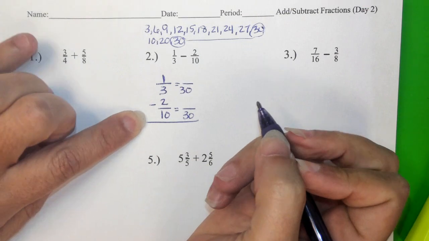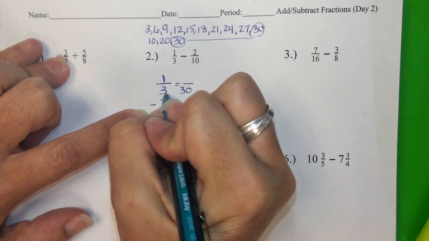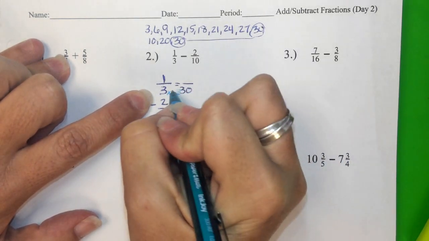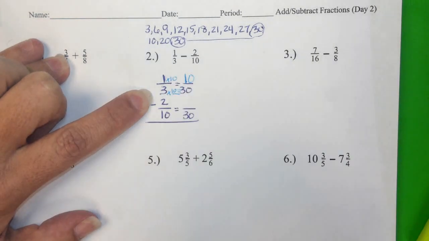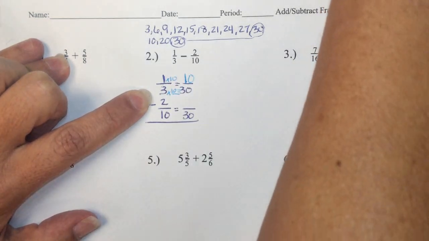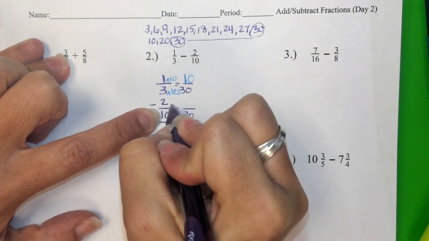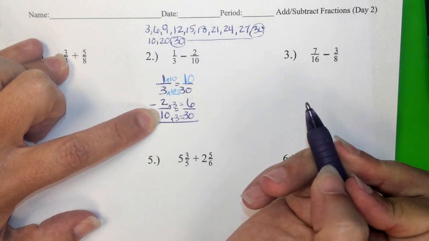Now, to create the numerator, the top number, this is how it works. I say 3 times what is 30, which is 10, and then 1 times 10 is 10. And then on the bottom, I do 10 times 3 is 30, so 2 times 3 equals 6.